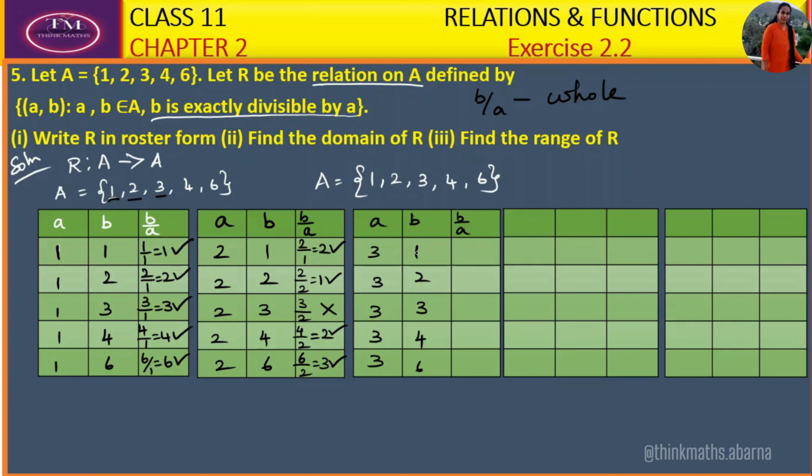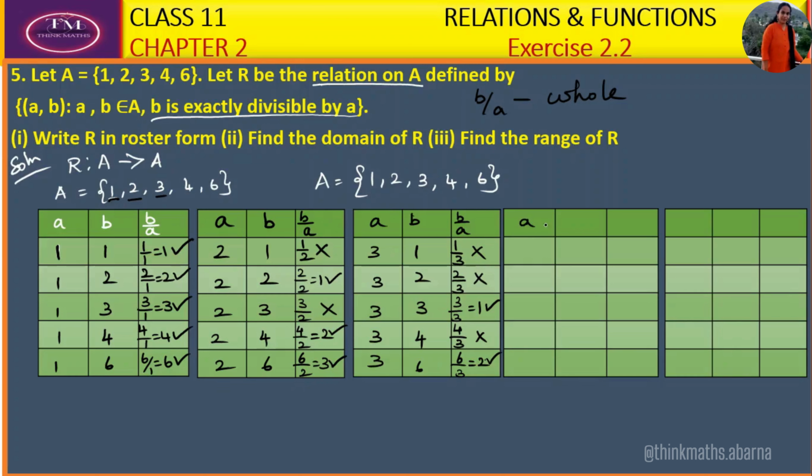Here it is 1 by 3, which is not a whole number. 2 by 3 is also not a whole number because 2 is not divisible by 3. 3 by 3, yes, it is divisible, we get 1. 4 by 3 is not divisible. 6 by 3 is 2, because 6 is divisible by 3, so it is 2, which is a whole number.